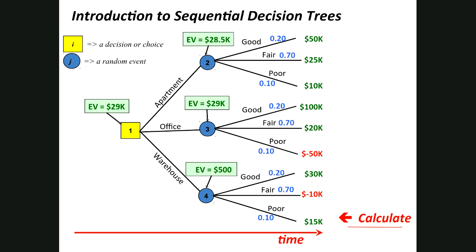So the expected value for this random event is 28,500, because we're going to multiply 0.2 times 50,000 plus 0.7 times 5,000, plus 0.1 times 10,000. So we do this calculation to result in our expected values. We've already done this calculation several times now, and we know what the result is.